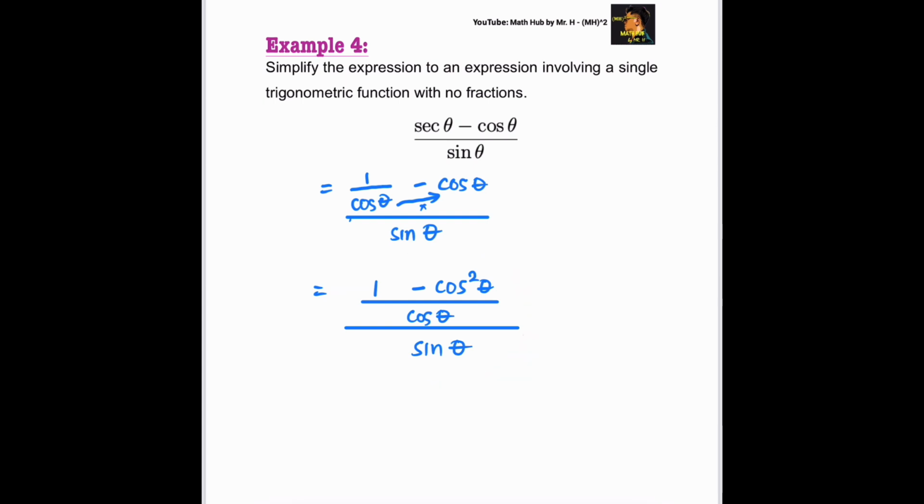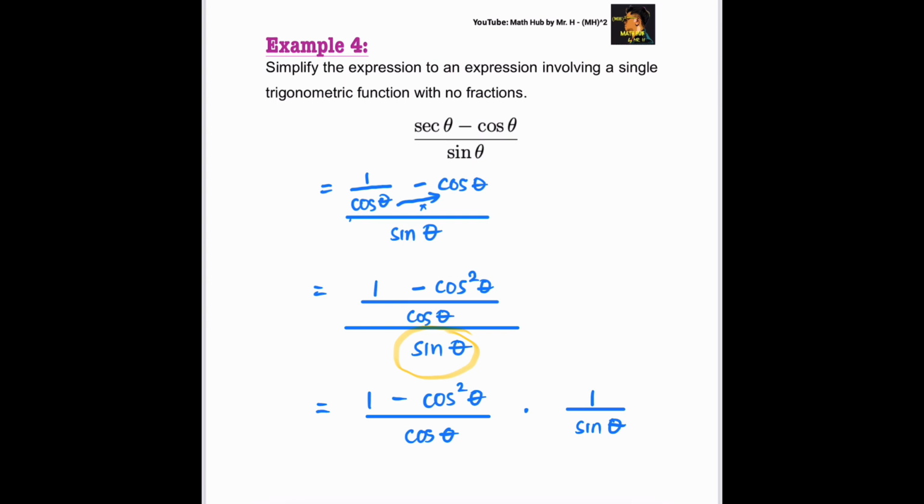And from here, we can proceed with the division process. First, we take the numerator. So 1 minus cosine squared theta divided by cosine theta. And we get the reciprocal of the denominator, reciprocal of sine theta. All right. And switch to multiplication.